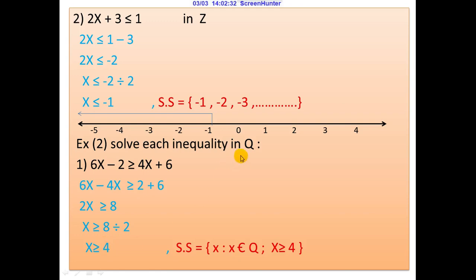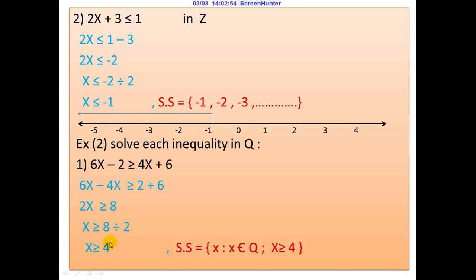But in case of Q, can we write the solution set as the solution set of Z or set N? No, because in set Q, we have many numbers more than or equal to 4. They may be fractions or decimals, like 4 and a half, 4 and a third, 4.7, and so on.